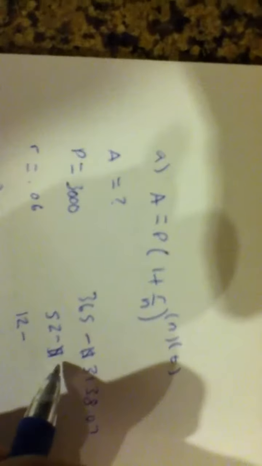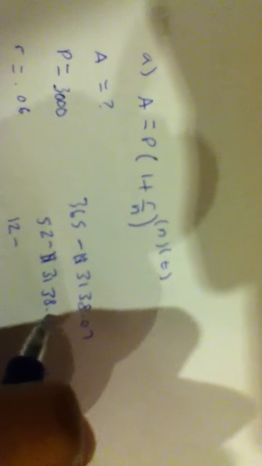And we get $3,138.07. We plug in 52. And we get $3,138.00. Plug in 12. And we get $3,137.73. We plug in 4.